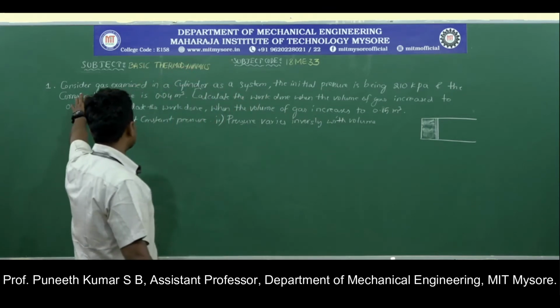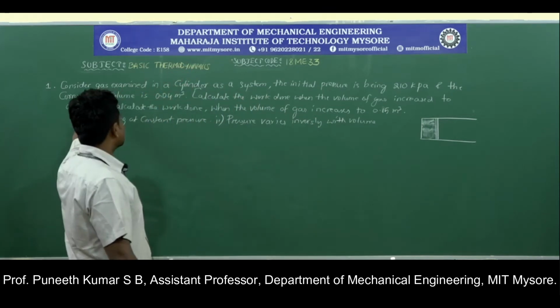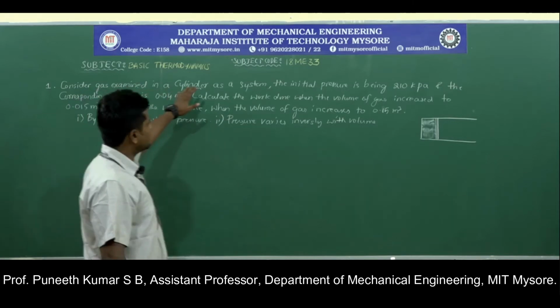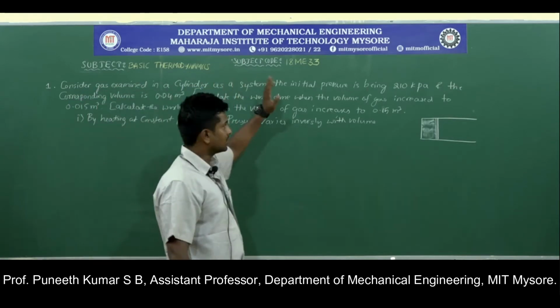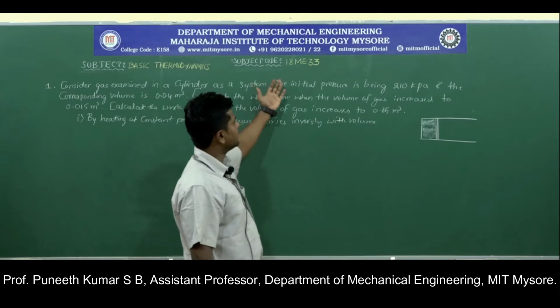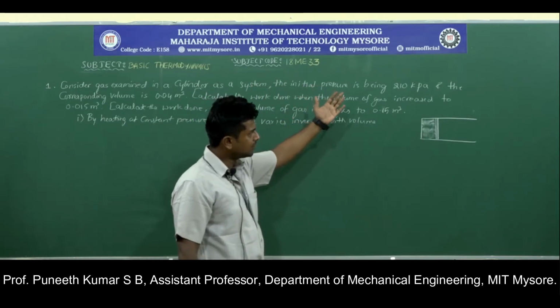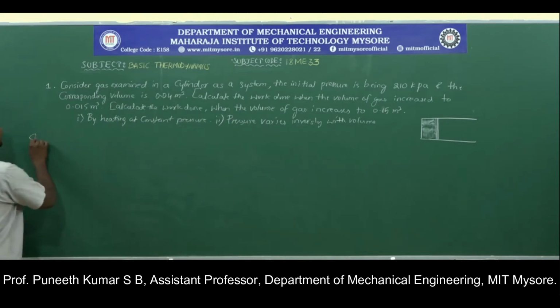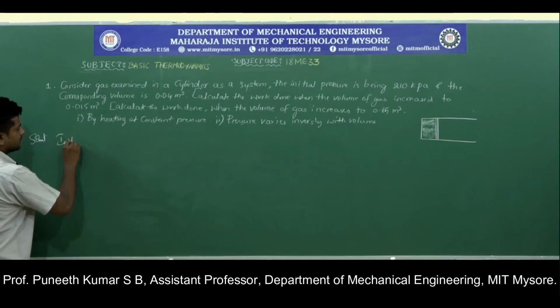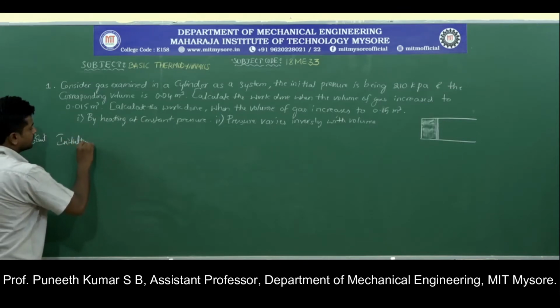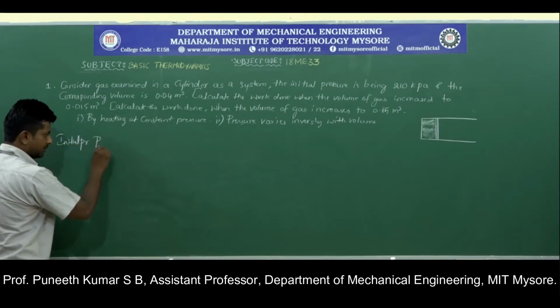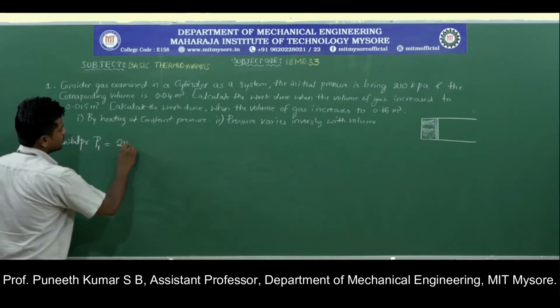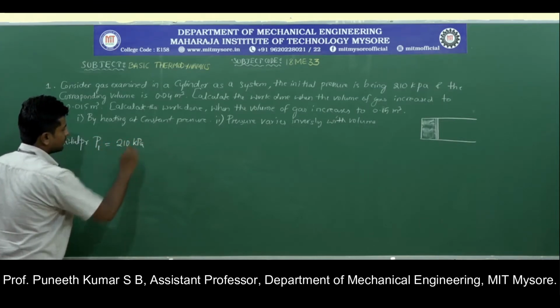That is why this sentence has been quoted: consider gas examined in a cylinder as a system. The initial pressure is 210 kilopascal. So let us write down the data. Initial pressure, I will represent it by P1, which is 210 kilopascal.